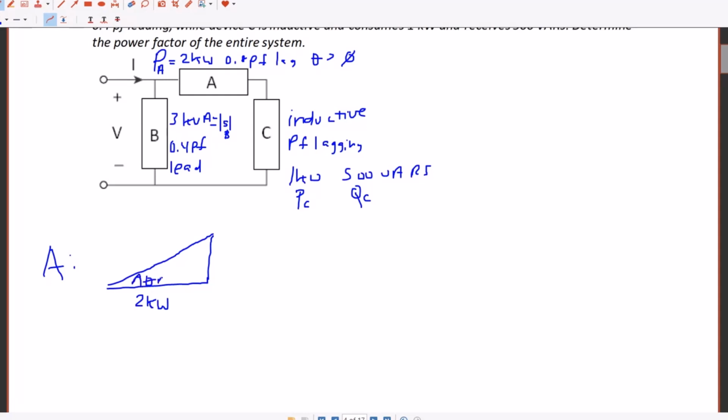It's theta A. So theta A is the arc cosine of 0.8. So that angle is 36.87 degrees. Are there any questions?